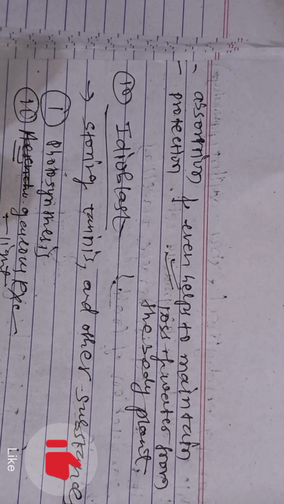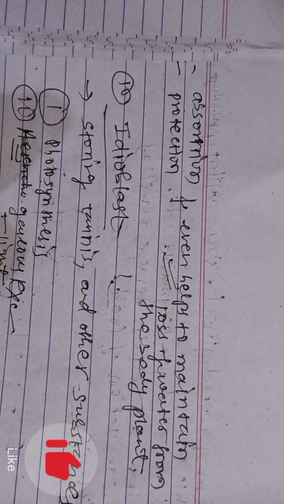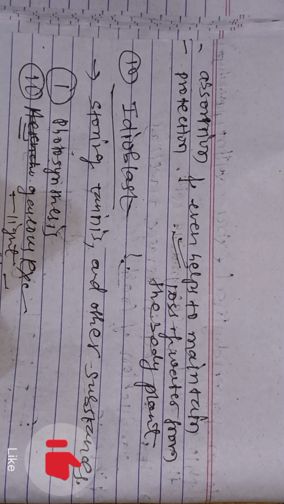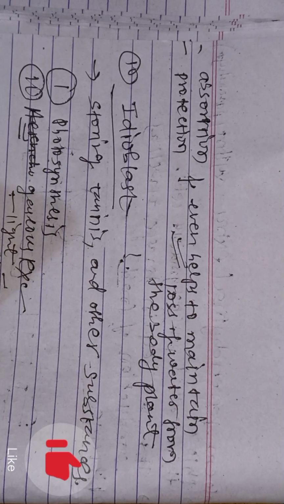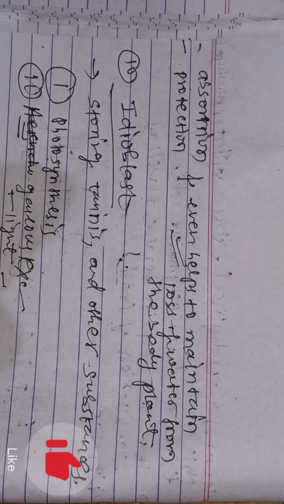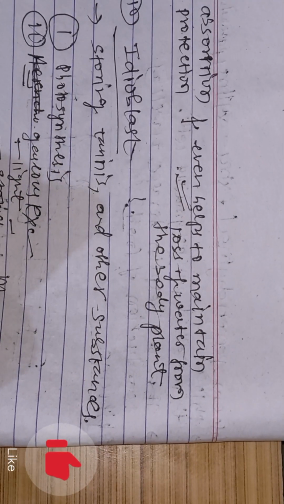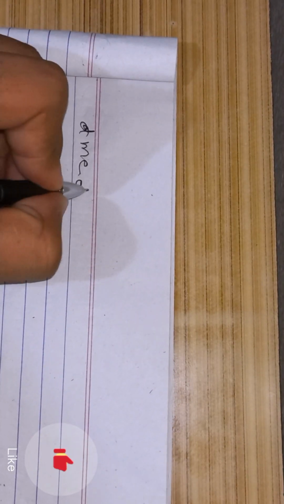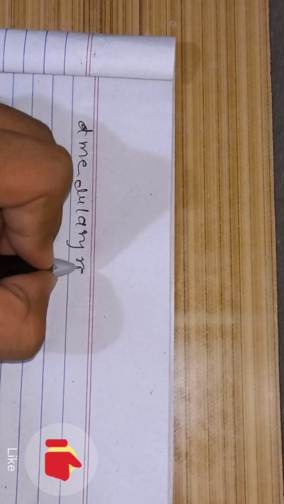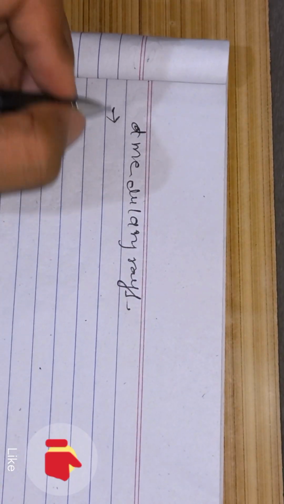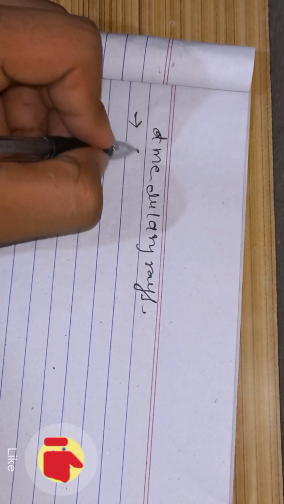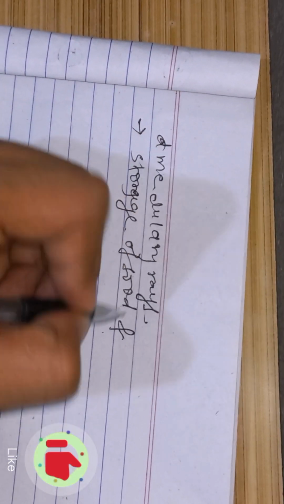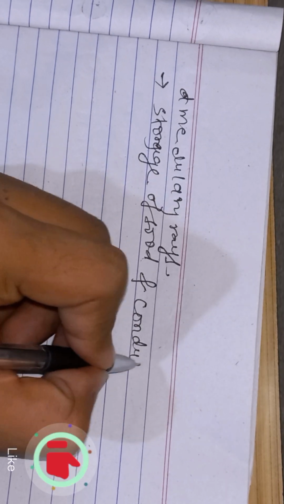The other type was prosenchyma. They were the fiber-like cells, and the prosenchyma helps in forming pericycle and medullary rays. The fourth one was xylem parenchyma, that helps in storage of food and even conduction of water.